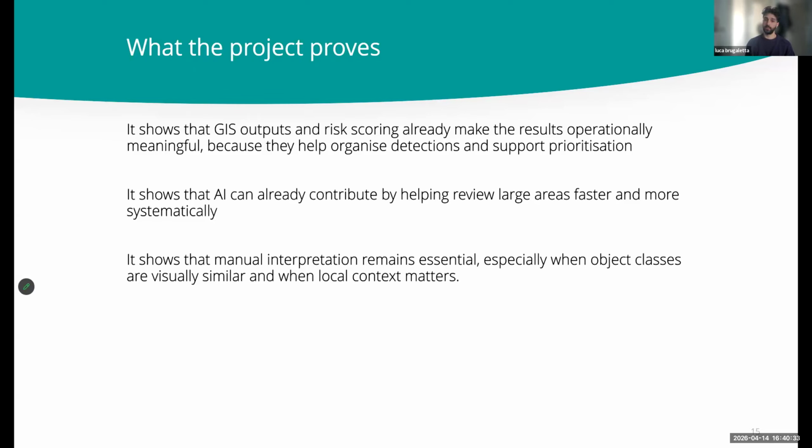It shows that AI can contribute because it can help to review different areas in a faster way. Even if you get false positives, you still have fewer spots to see rather than checking a full map. And finally, it shows that for some cases where the context matters, and especially when the objects are very similar, manual interpretation is still essential, and there is a need for an expert or for manual labeling.